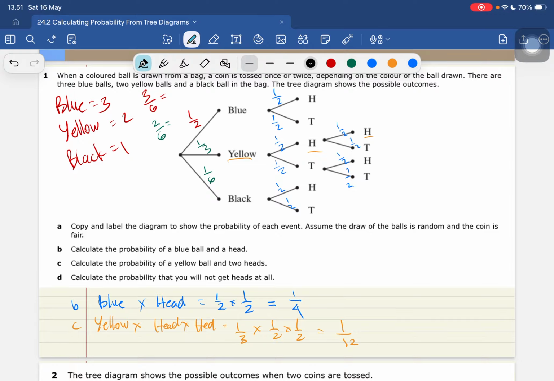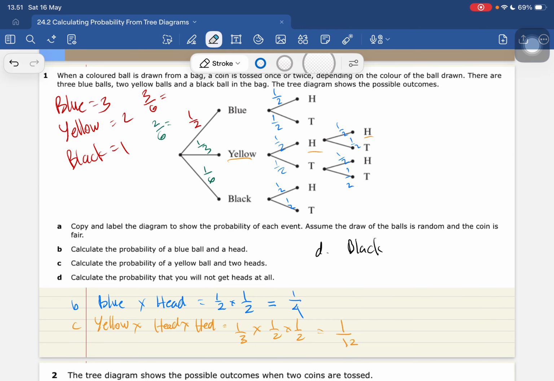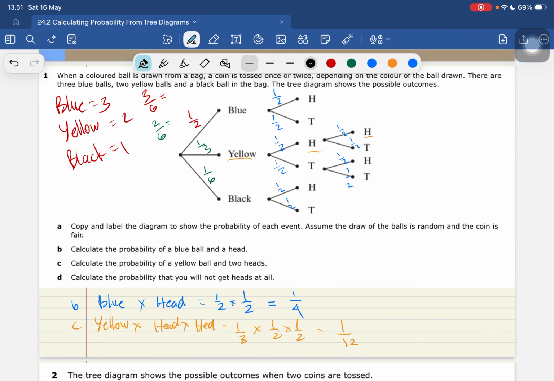Next, D. Calculate the probability that you will not get heads at all. So without heads, we got blue and tail.